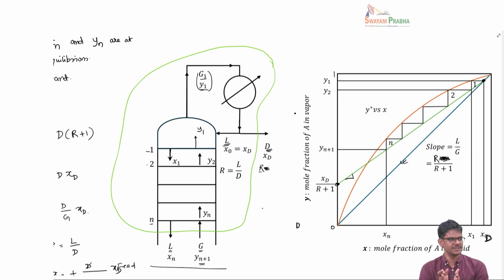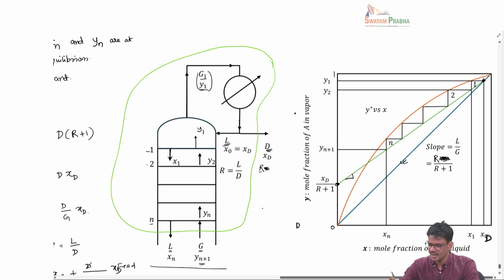Once we know this, we can do the staircase construction to find the number of theoretical stages for the enriching section alone. So you start at xD on the 45-degree line, then you go horizontally and meet the equilibrium line, and then come vertically down to the green operating line, that is stage 1.